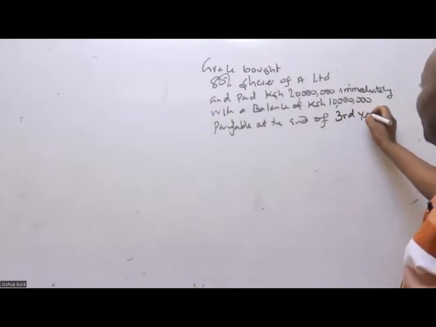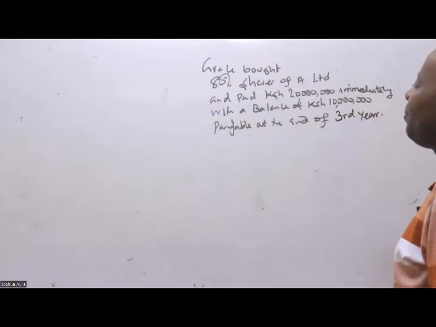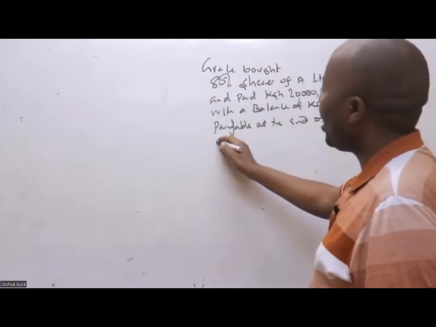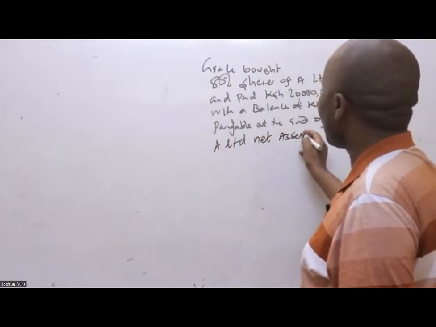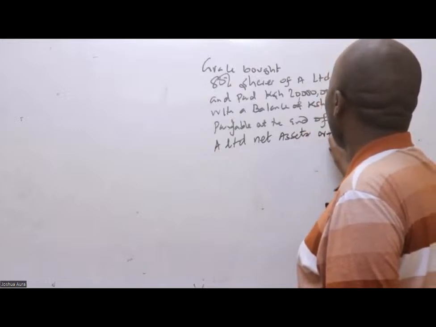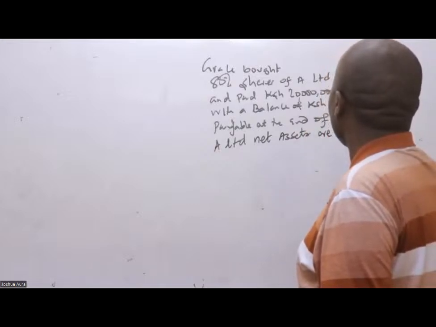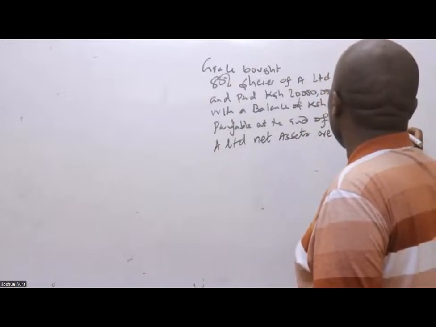A Limited's net assets are worth Kenya shillings 15 million.